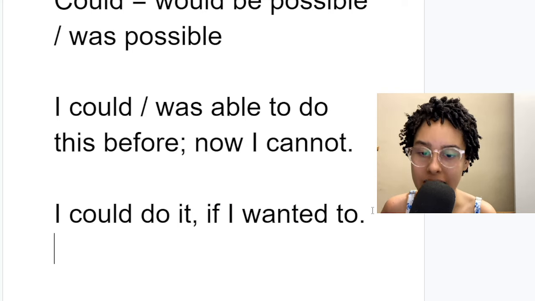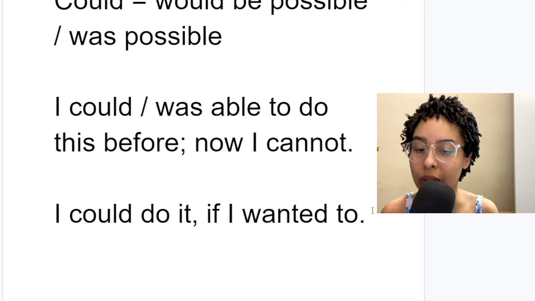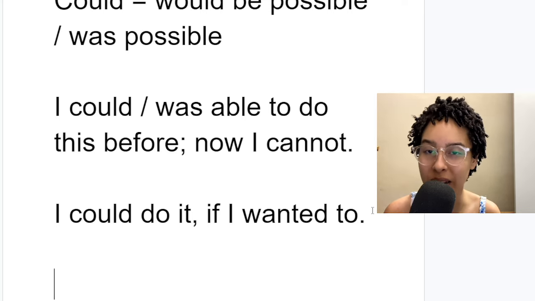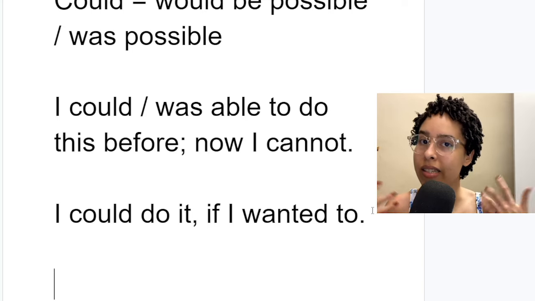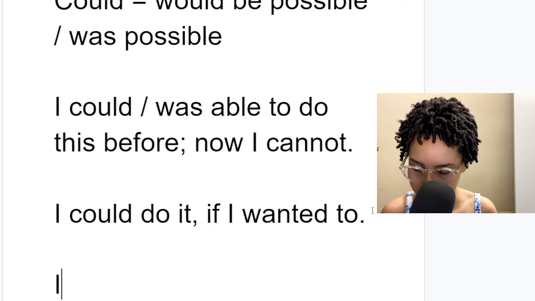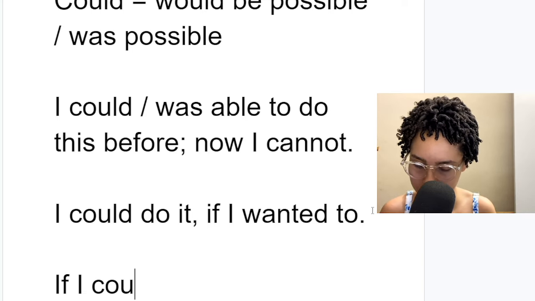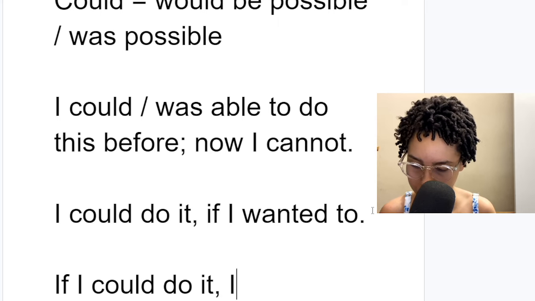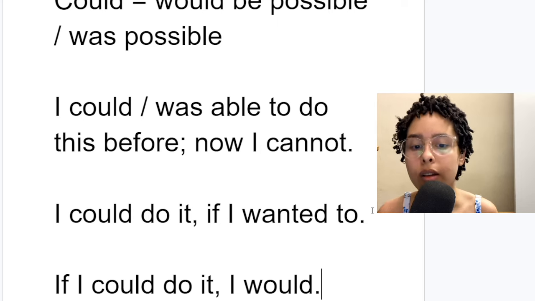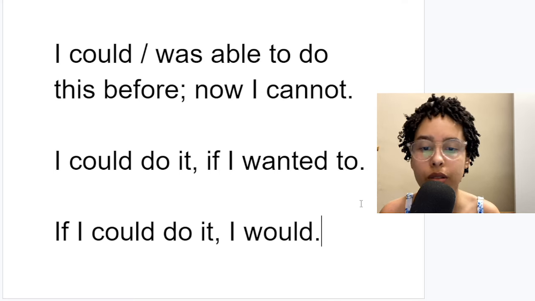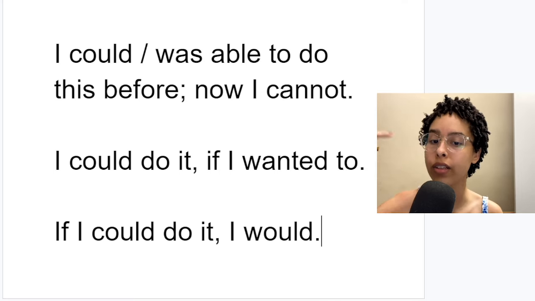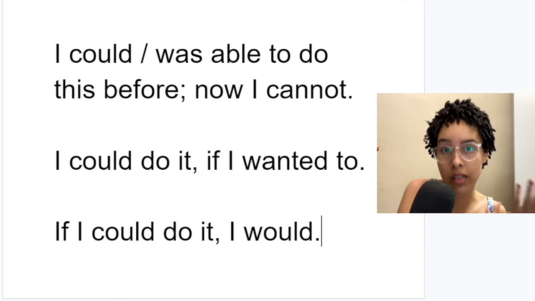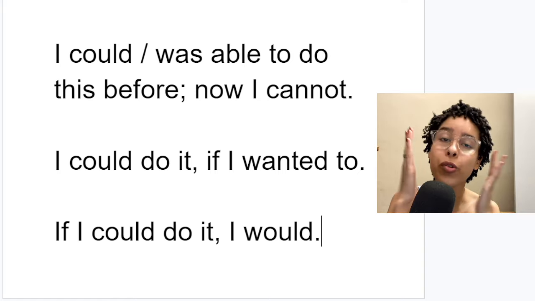So this is the second situation where you could use this word. And the third and last one would be in suppositions. For example, if I could do it, I'm not saying that I can, I'm not saying that it's possible, but I'm dreaming.